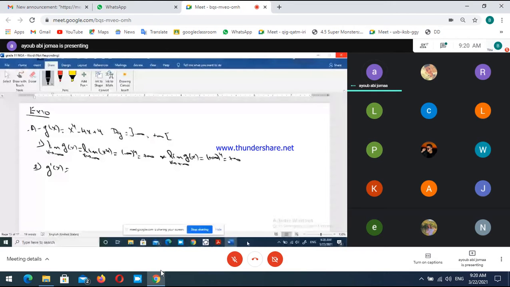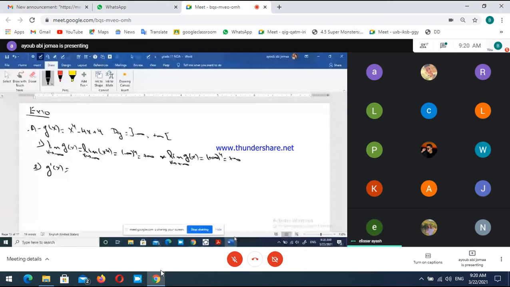Okay. G prime of X. The derivative of x to power 4 becomes 4x to power 3.